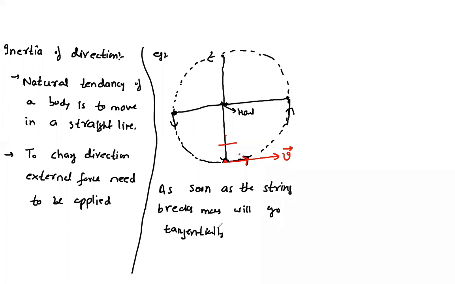To move it on a circular track, I was applying some force through my hand. Once the string breaks, that force is withdrawn and it can't move on the circular track, so it moves in a straight line. So this was an example of inertia of direction. There are plenty of examples, like if a car is moving on a circular track, whenever it takes a sharp turn, you feel a force in the outwards direction. The reason is the same.